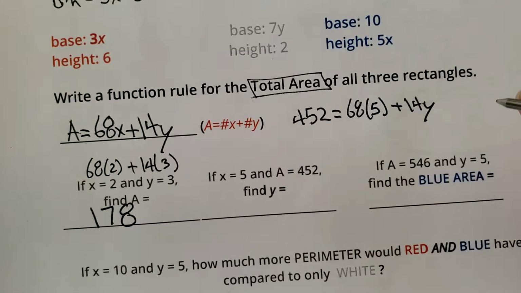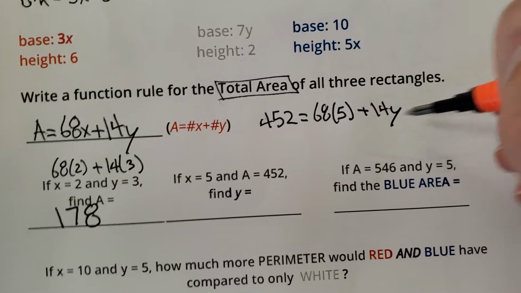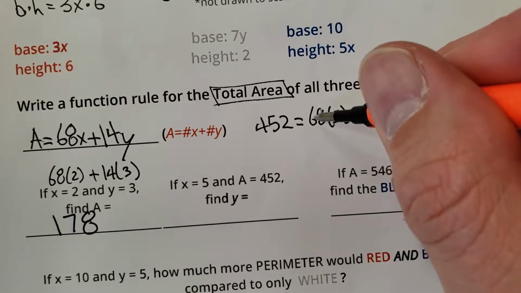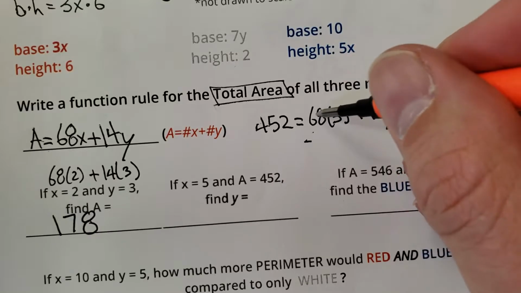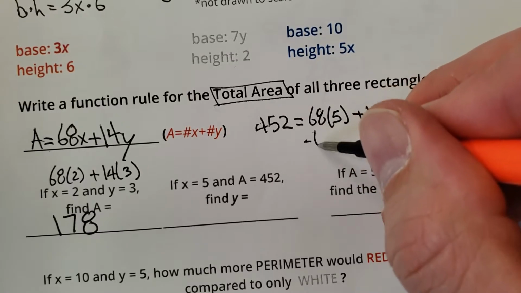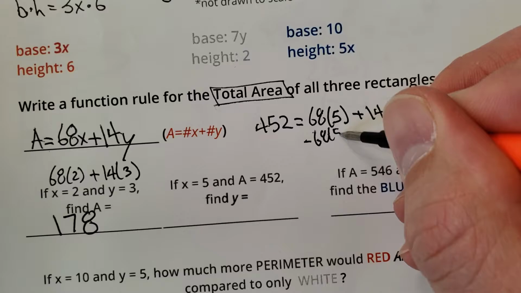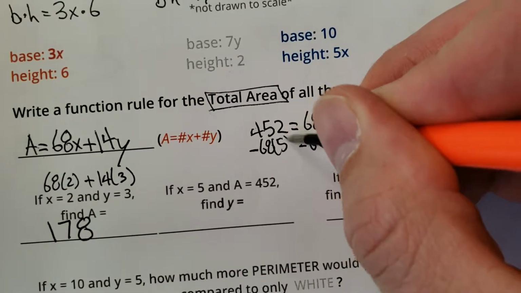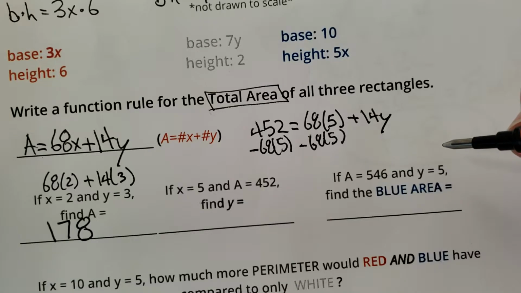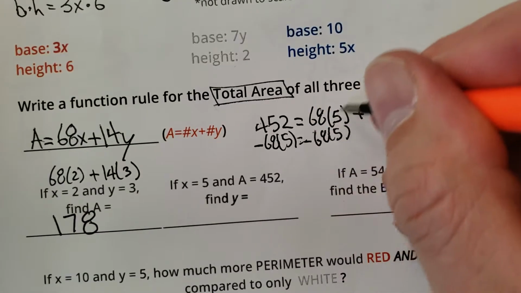Oh, this is just like a two-step equation. Oh, that's not so bad. Okay, so I'm going to go ahead and cheat. Normally a good math teacher would tell you to simplify, then solve. Here's what I'm going to do. I'm just going to subtract the 68 times 5, not because I'm lazy, but because I just don't want to have to write it out. So maybe that is lazy. Okay, look, it cancels anyway.